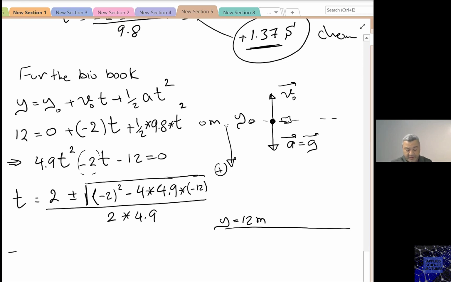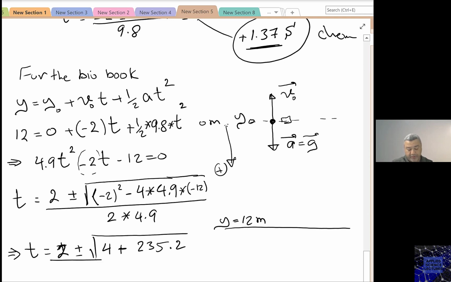So in this case, I have t equals 2 plus minus the square root of 4 plus 235.2, divided by 9.8.